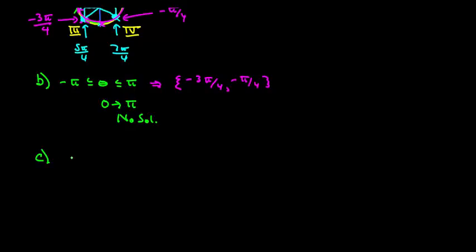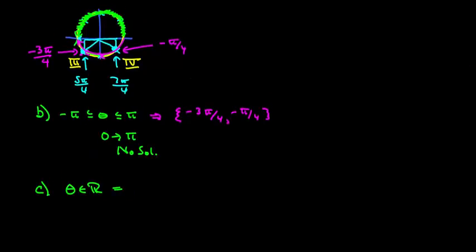For C, it just says, what are all? So theta is a real number. So give me every possible angle that works. Well, all the multiples of 5 pi over 4, plus 2k pi.